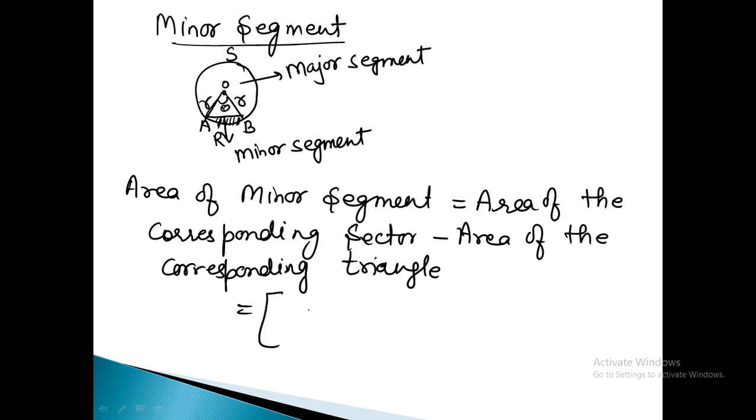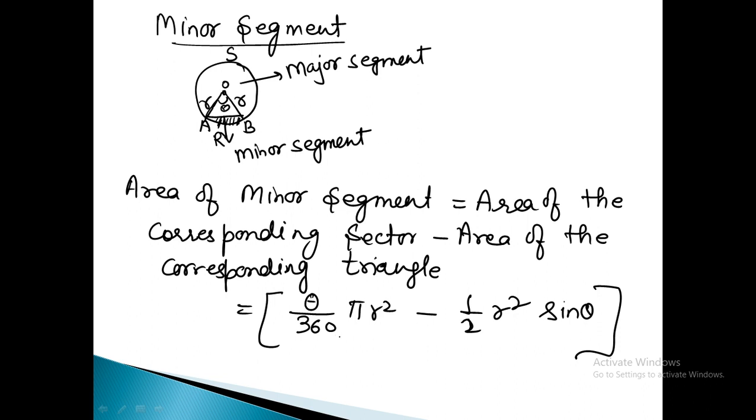We will use theta over 360 pi r square minus 1 by 2 r square sin theta. Now next, the formula for the major segment.